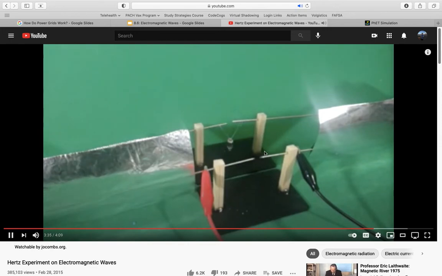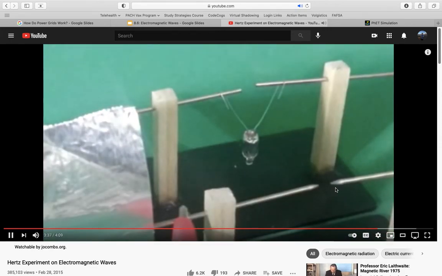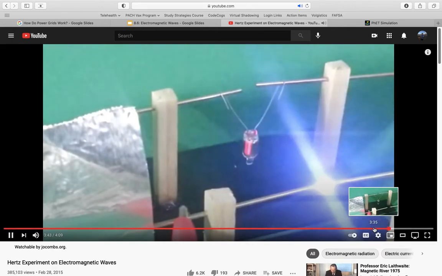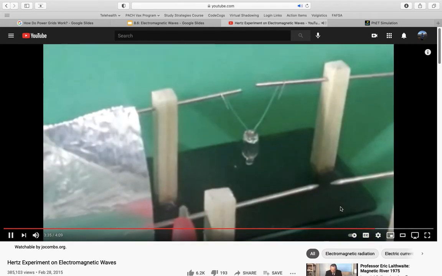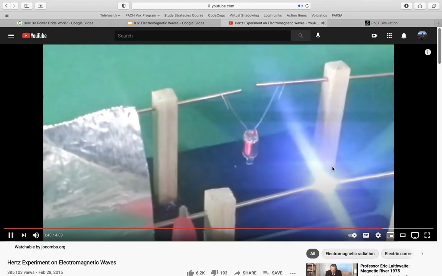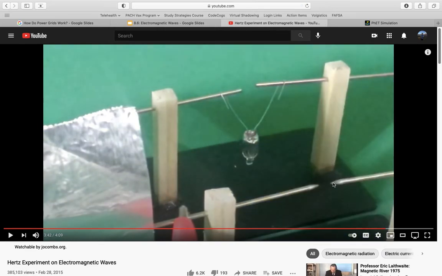So here is our spark gap. Video is on a lag. All right, let's see if we can pause it here.